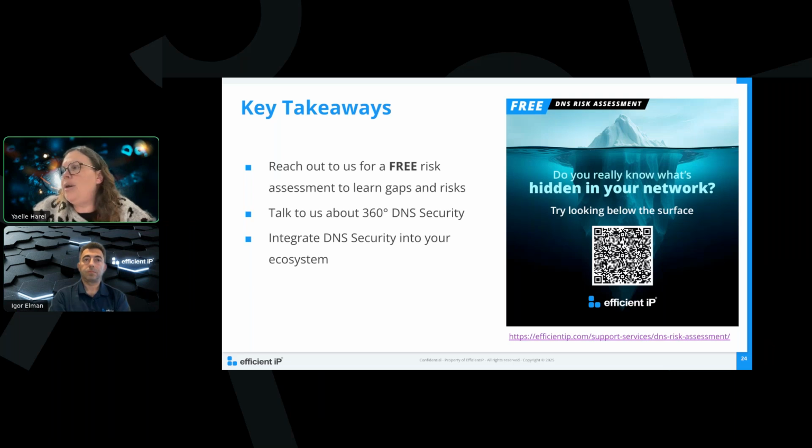If you're an existing EfficientIP customer, or if you already have an EfficientIP contact, I will say the best way will be to reach out to them, and then we can start the process of the DNS risk assessment immediately and easily. If you don't have any EfficientIP contact, just scan the QR code on the screen, or you can take the URL from the slide.